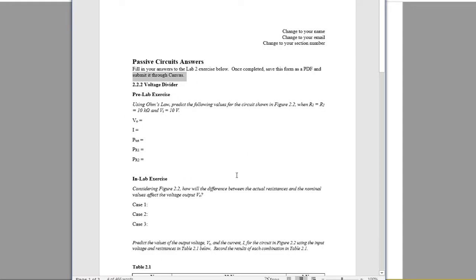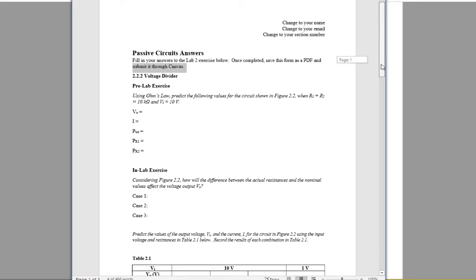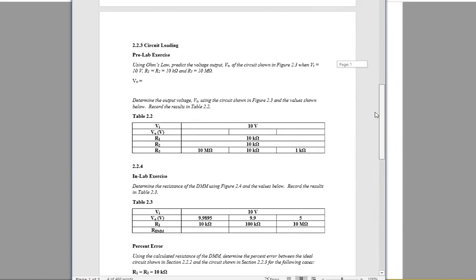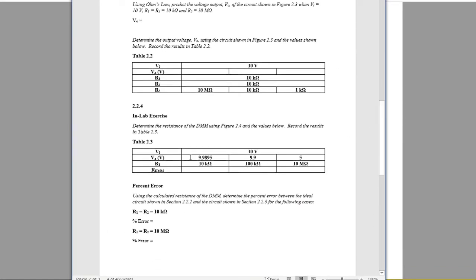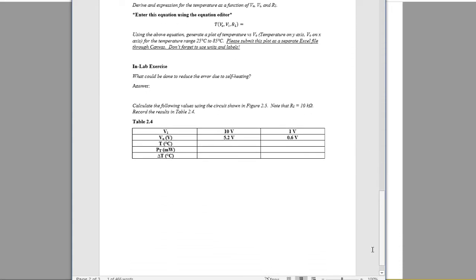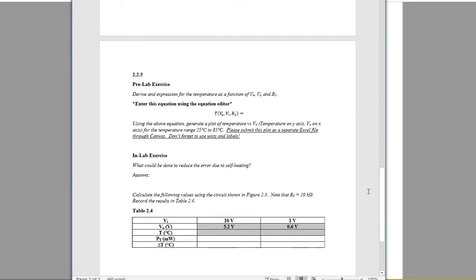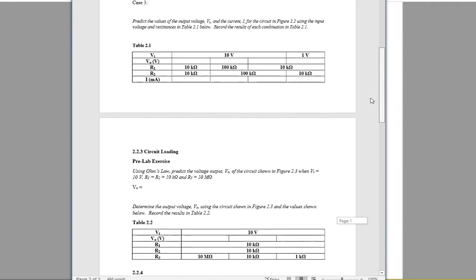There are a few places where you would have measured things in the lab. We're going to be giving you those values that you would have measured. So for example, these voltage drops and voltage drops for the thermistor. We're going to want you to answer all of the questions from the lab.